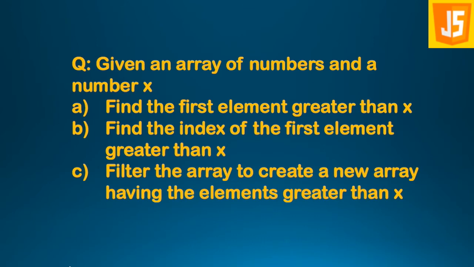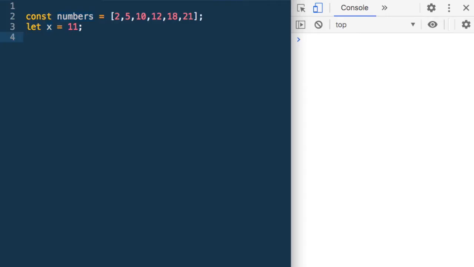So let's look at a few problems. Given an array of numbers and a number x, there are 3 parts. Find the first element greater than x, find the index of the first element greater than x, and then filter the array to create a new array having the elements greater than x. So suppose we have this array numbers and this x, and we want to find the first value which is greater than x.